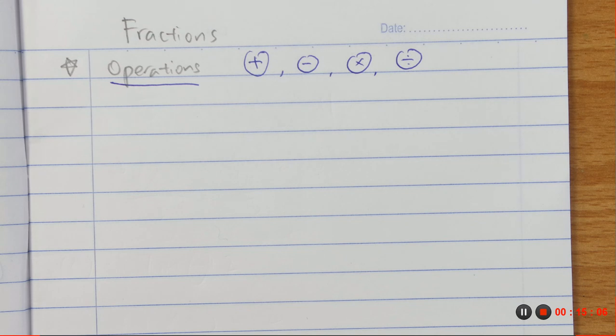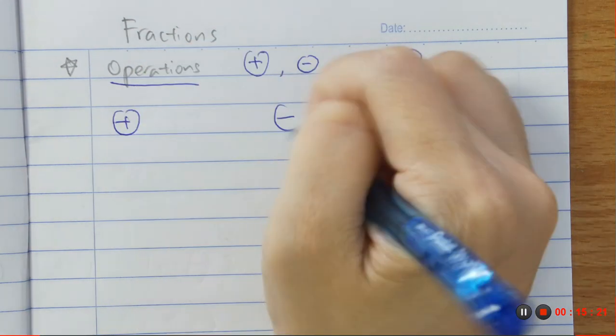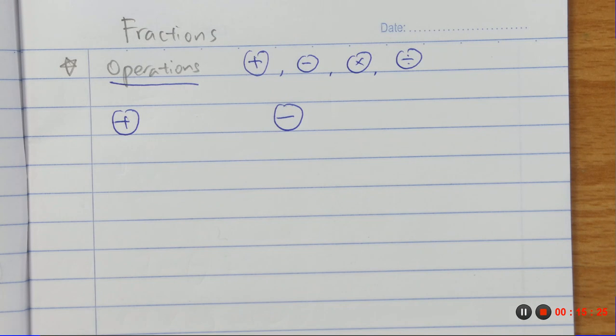Okay, let's start with a simple story. Okay, Cheryl's cake again. That's the one we have been using for a while now. Okay? So addition and subtraction operations are very similar. Okay, so it's her birthday, right?